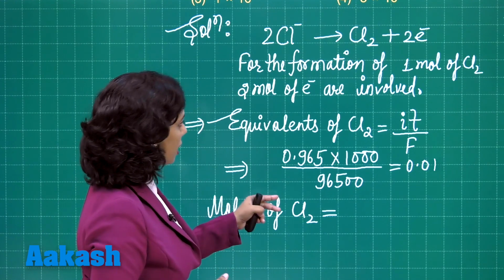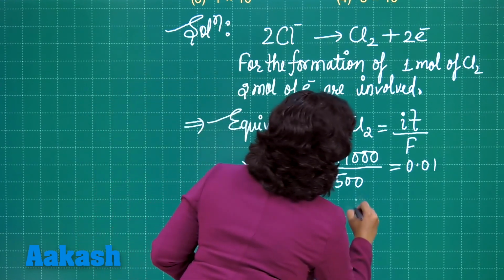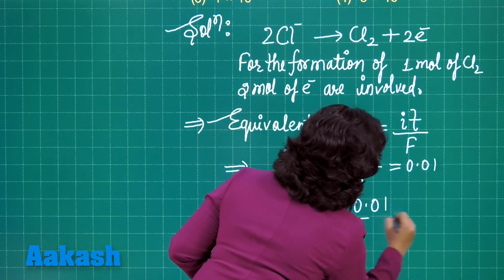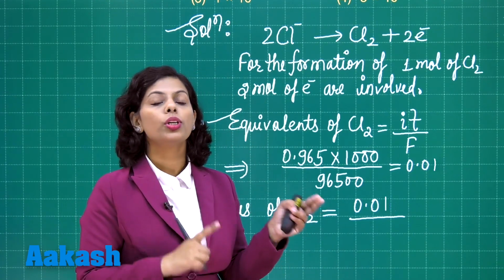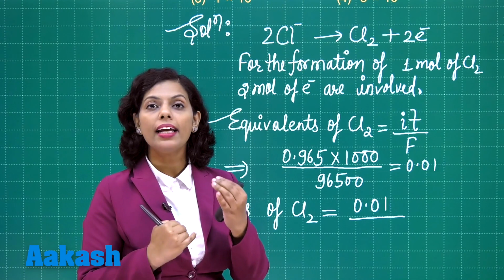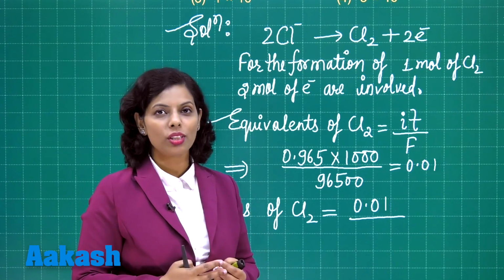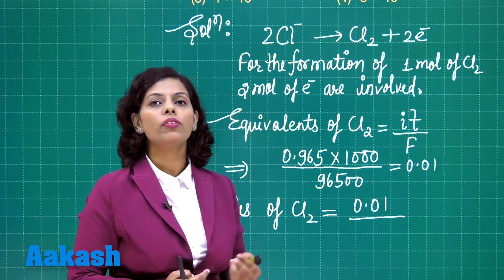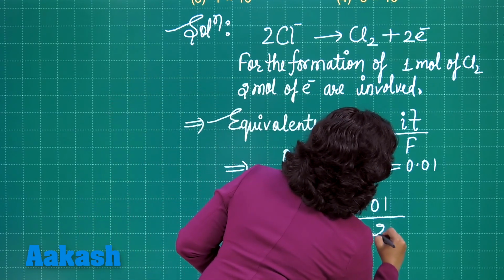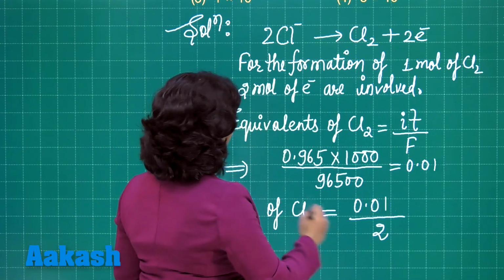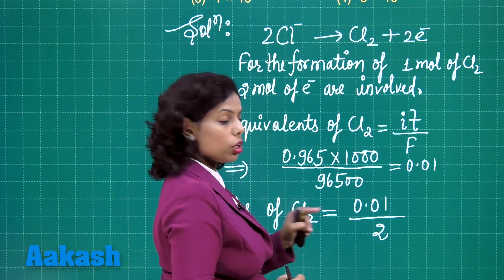So number of moles I want to find out, equivalents I already have, and divided by the n factor that you already used during the conversion of chloride ion into chlorine gas. 2 electrons were used there. The n factor is 2. So I just divide this by 2. So these are the moles of the chlorine gas.